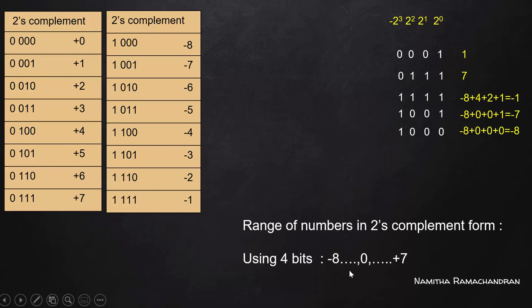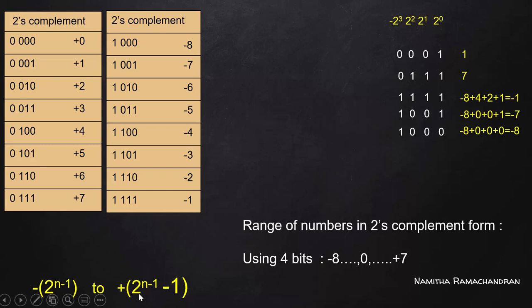Okay, so we can now write a generalized form for the range of numbers possible in n-bit representation in 2's complement form. That is: minus of 2 raised to n minus 1 to plus 2 raised to n minus 1, minus 1. Is it correct? Check for that. Substitute 4 for n, that is n equal to 4. 2 to the power 4 minus 1 is 2 to the power 3. Minus of 2 to the power 3 is minus 8.